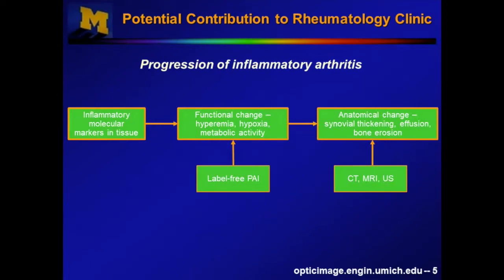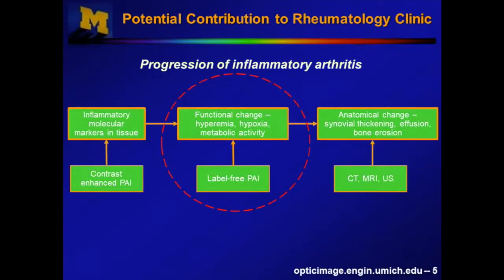Of course, another potential application of photoacoustic imaging in arthritis is contrast-enhanced photoacoustic imaging, so that we can even diagnose arthritis at the molecular level and see the molecular markers in the tissues. But that's not the focus of today's talk.